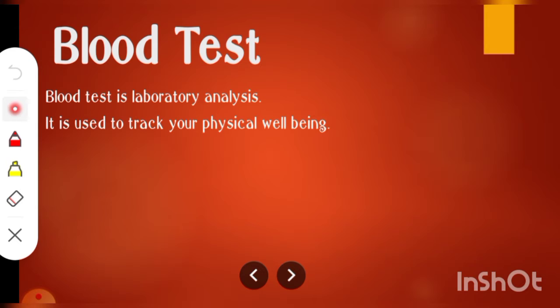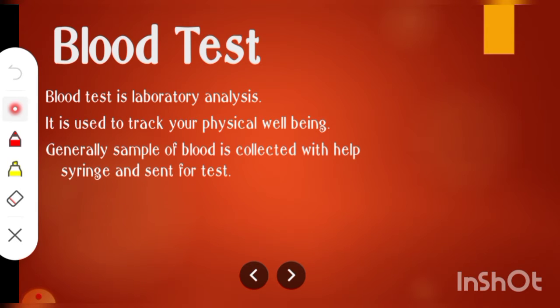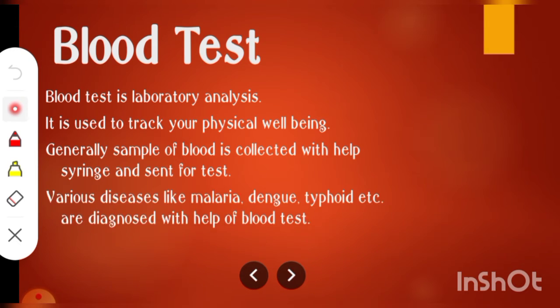This is tested and tracked through a blood test. Generally, a sample of blood is collected with the help of a syringe and sent for testing. This is how a blood test is conducted. They collect the sample of blood and send it to the laboratory for testing.